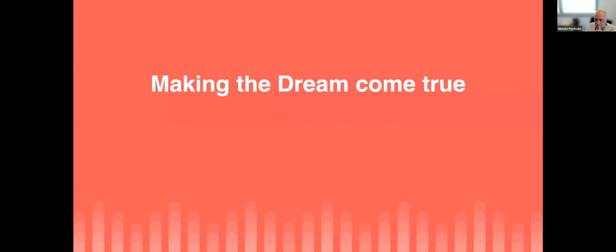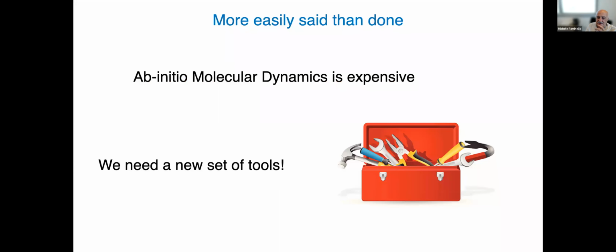Okay, so let me sketch the steps that we and others have taken to make ab initio MD an even more powerful method. Bottom line is that ab initio molecular dynamics is expensive, and we need a new set of tools to address more complex problems.